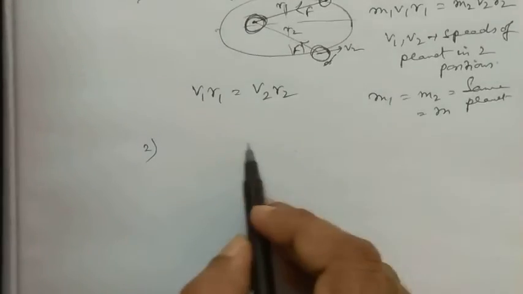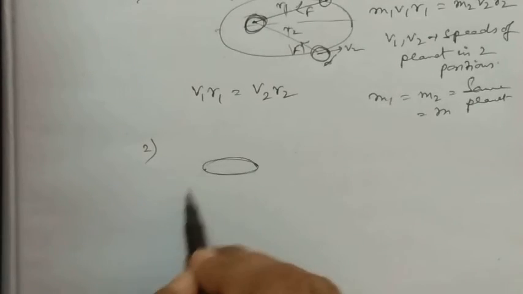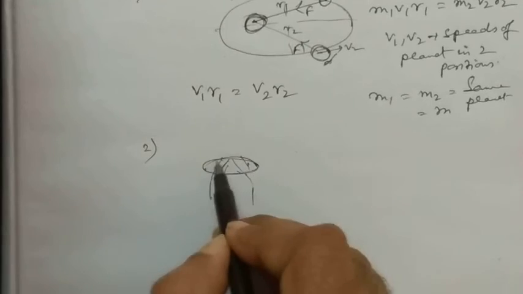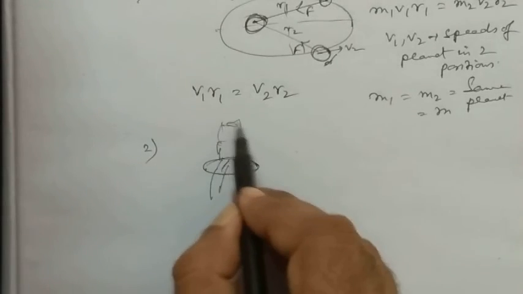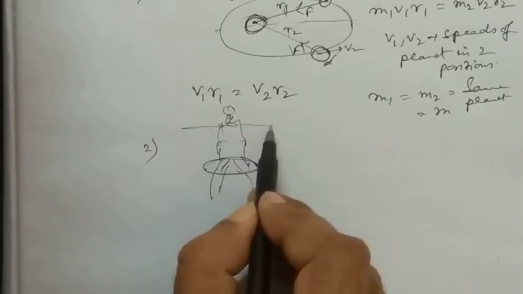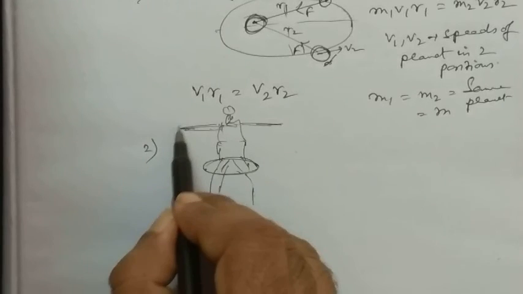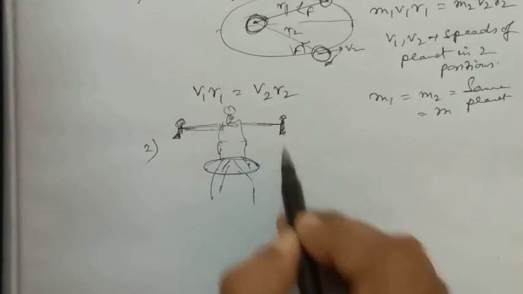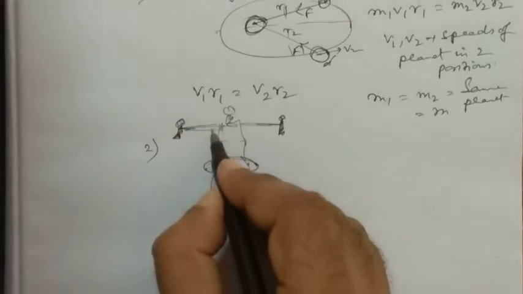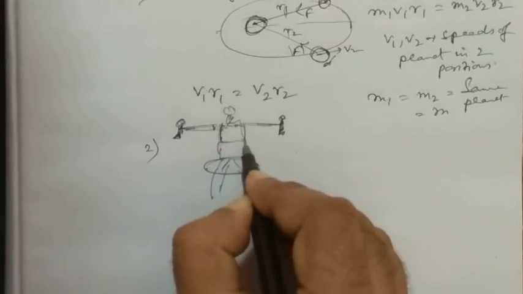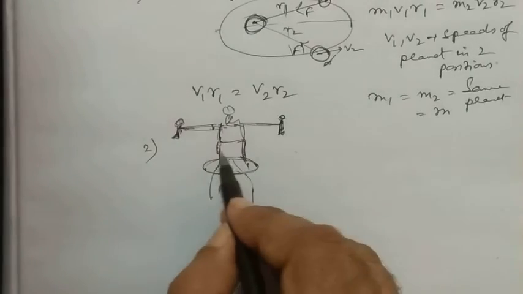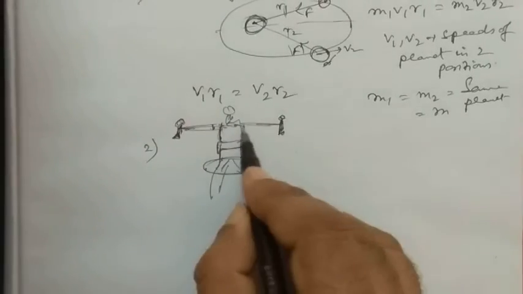If we take another example, like a person sitting on a rotating table, he holds two dumbbells, one in each hand.